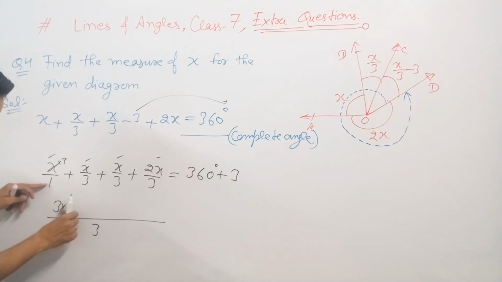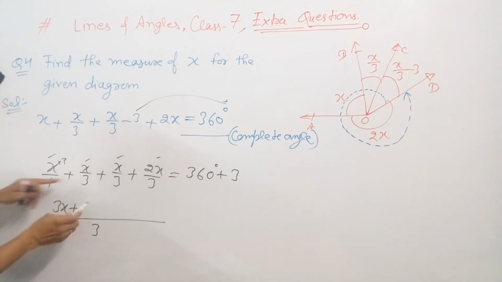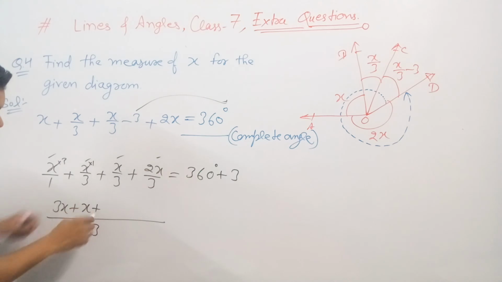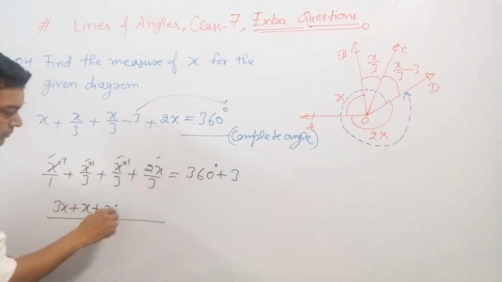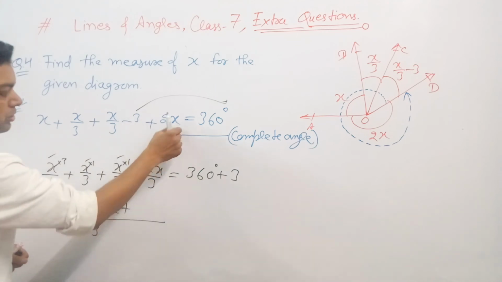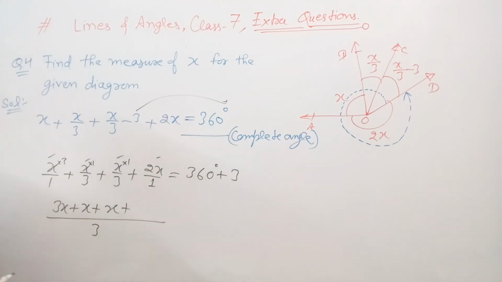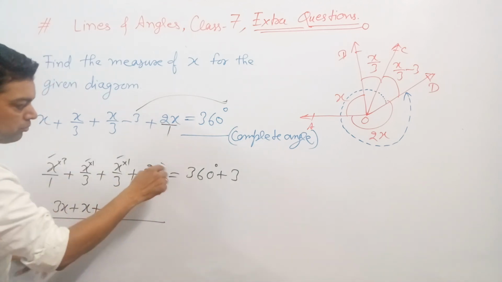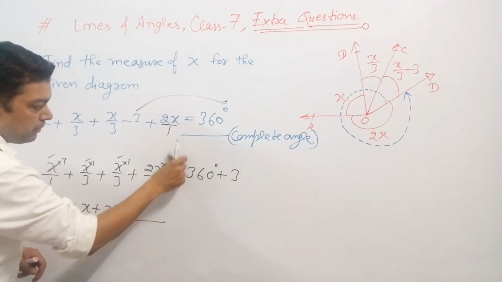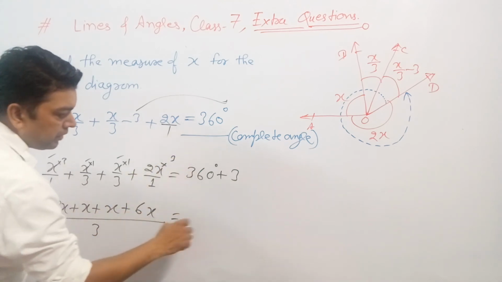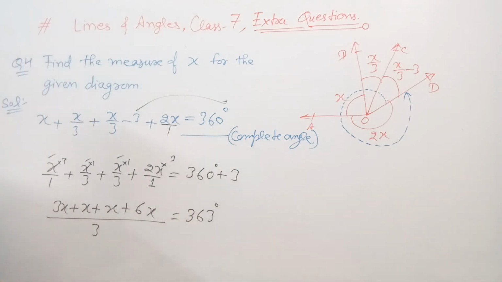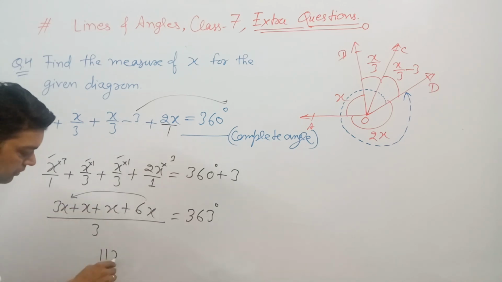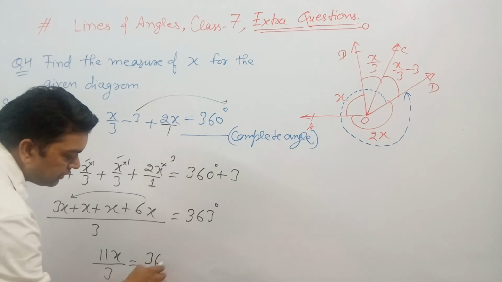Then 3 divided by 3 is 1, multiply by x. 3 divided by 3, sorry, this is not 3, this is 1, written by mistake. 3 divided by 1 is 3, so multiply this term by 3, 3 into 2, 6x is equal to 363 degrees. 3x plus x plus x plus 6x, that becomes 11x by 3 is equal to 363.